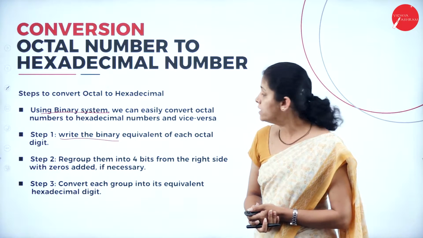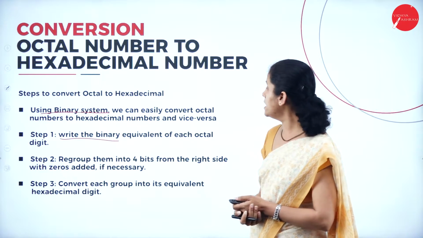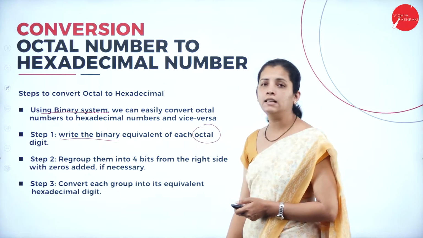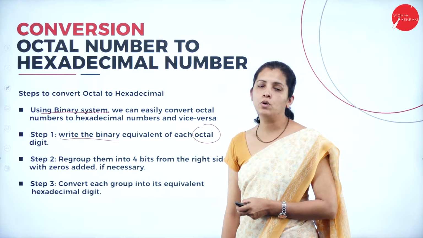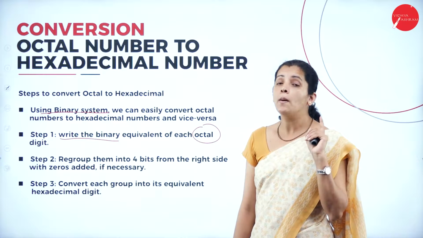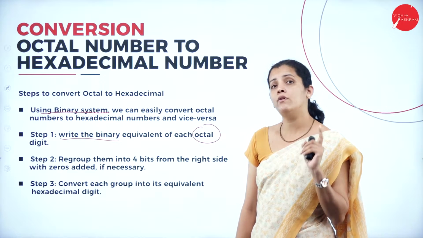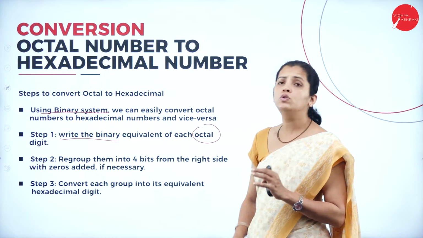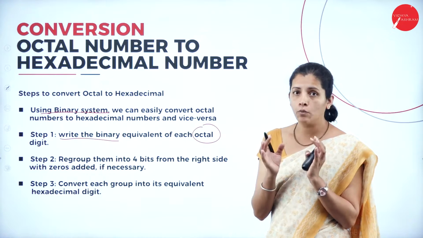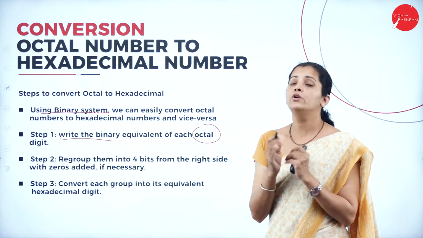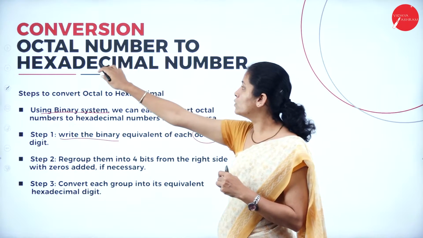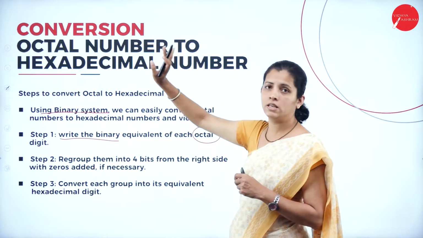So dear students, first write the binary equivalent for each octal digit. After that, I want to regroup. While regrouping, I am going to consider 4 bits together.